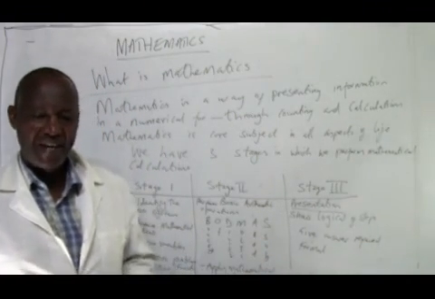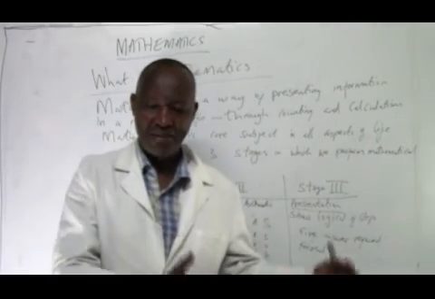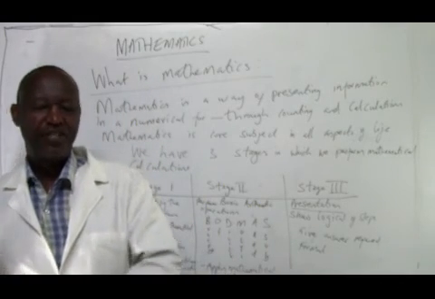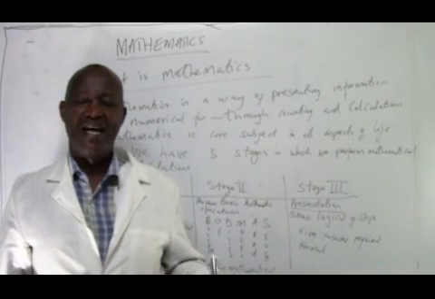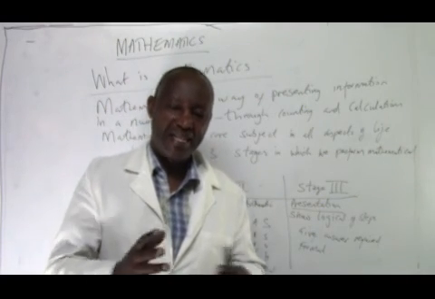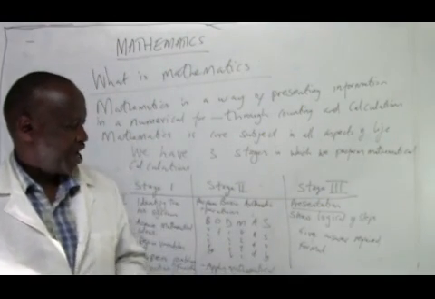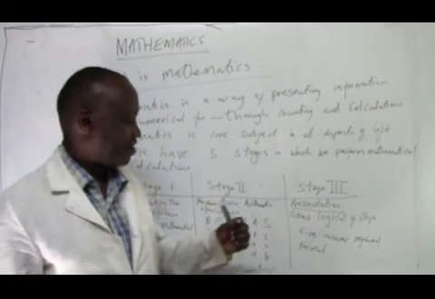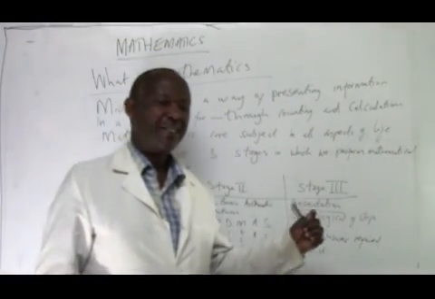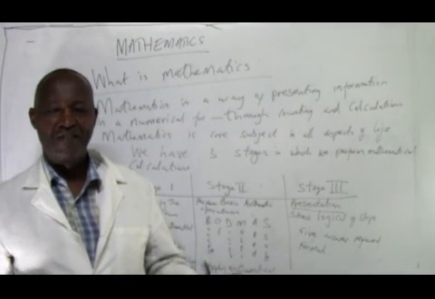What do I mean by that? If you are told, please give your answer in grams, then you cannot give your answer in kilograms. If you are told to give your answer in liters, then you cannot give your answer in meters cubed. So you have to give the answer in the required format, and there are always some marks attached to giving the answer in the required format.